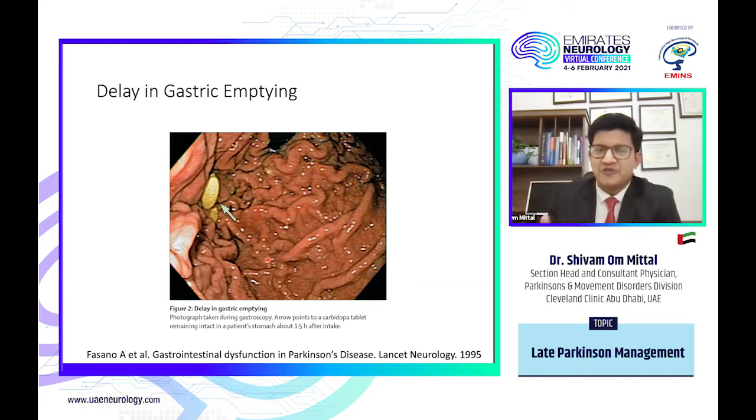So it still has a long way to go, and you can see that's why the patient has no response. He already waited for 2 hours. So this delayed gastric emptying plays a major role in causing motor fluctuations in advanced Parkinson's disease patients.